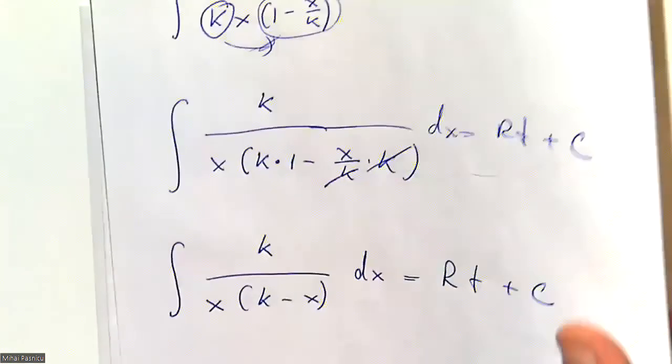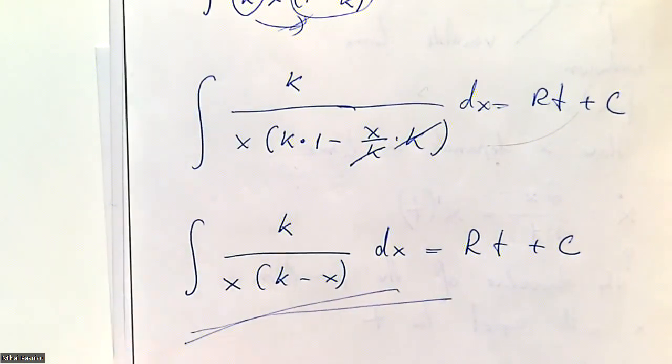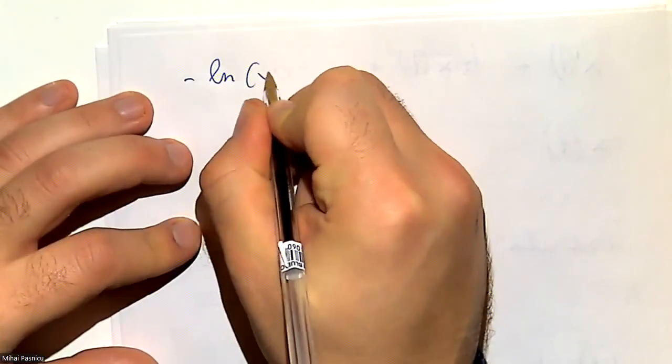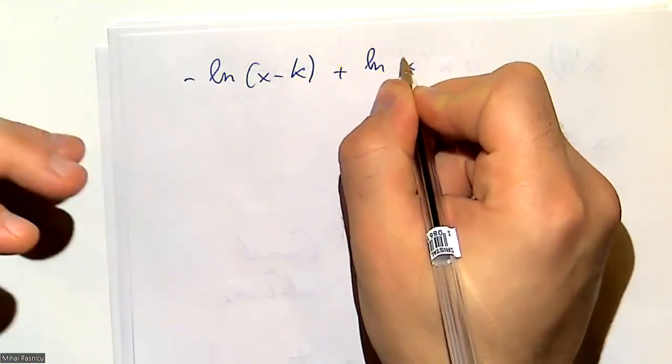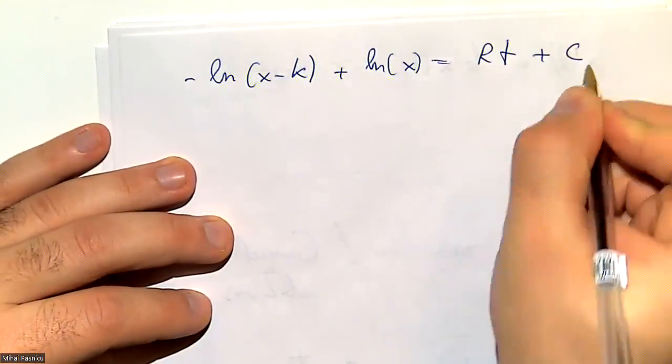Anyway, so now I solved the left-hand side of my equation. I solved this part over here. I did nothing to this thing, and I don't need to do anything to it, so I'm just copying the result. Minus ln of (x minus k) plus ln of x is equal to RT plus the constant.